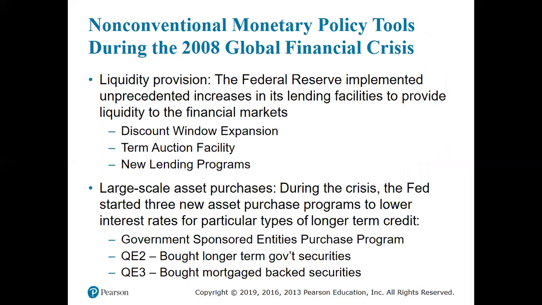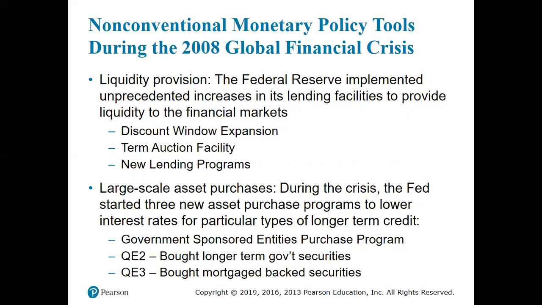So for non-conventional monetary policy tools during 2008, as I mentioned, they had the Fed funds target rate down to basically 0, and still were having difficulties. And so the first one, the liquidity provisions, implemented unprecedented increases in lending facilities to provide liquidity to the financial markets.